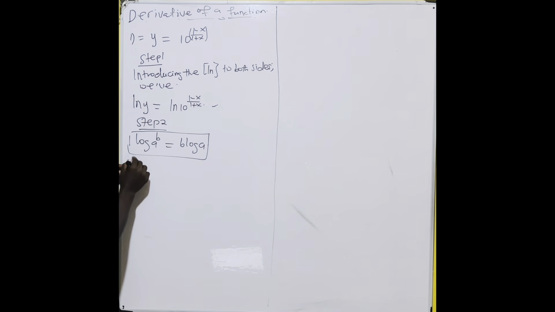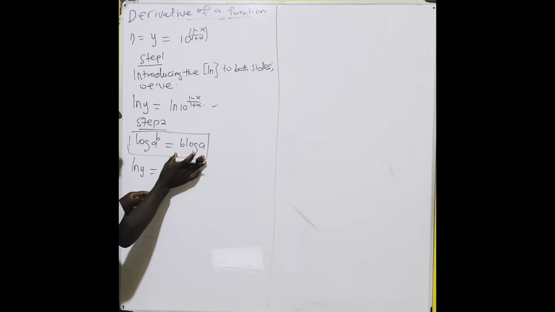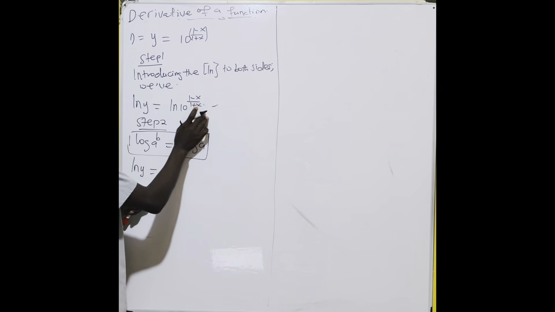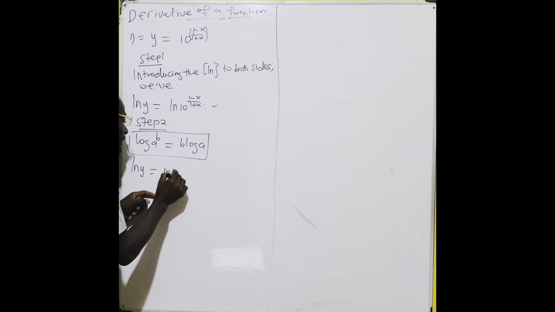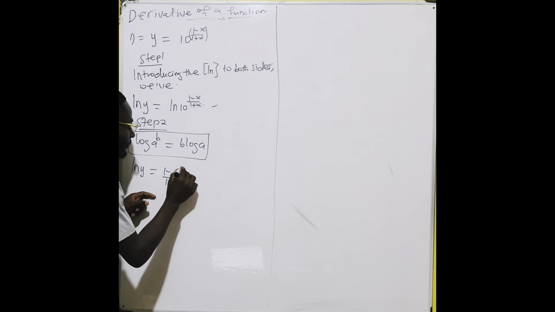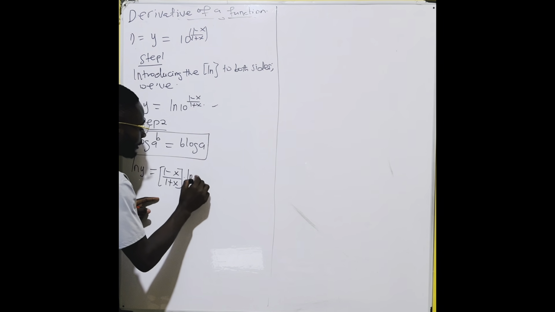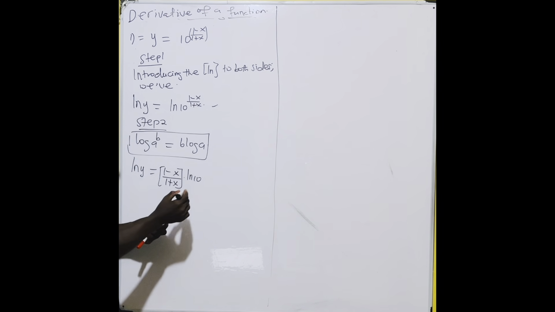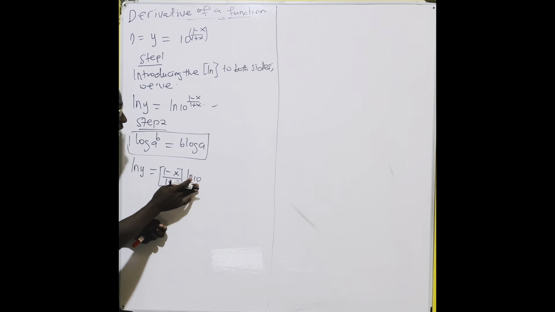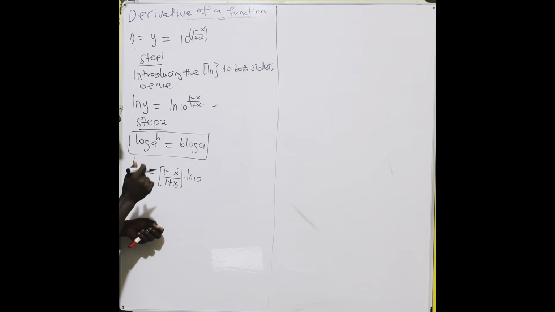We apply this property here. So we're going to have (1 minus x) divided by (1 plus x) times ln 10, right? And this is a constant, so we keep it.